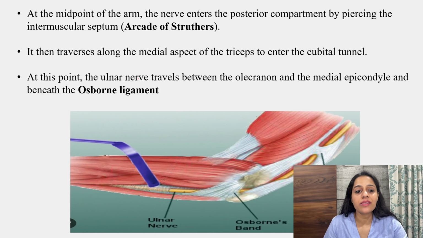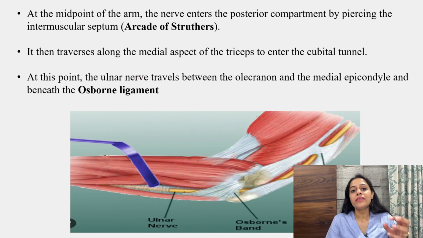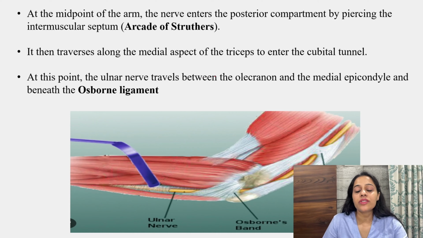Now coming to cubital tunnel syndrome. The cubital tunnel is a tunnel which starts from the medial epicondyle of the humerus up to the FCU. This is the medial epicondyle of the humerus, and this is the FCU, two heads of the FCU.